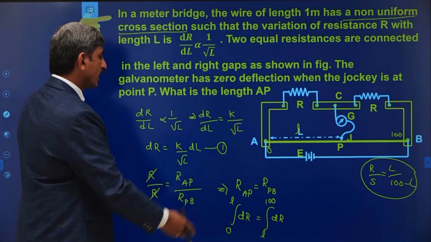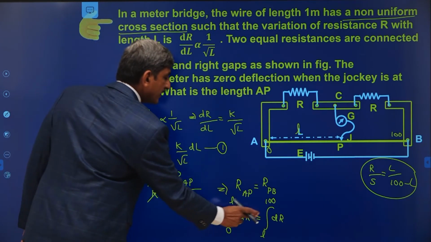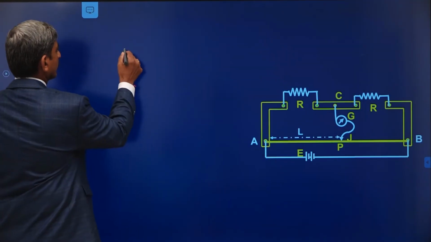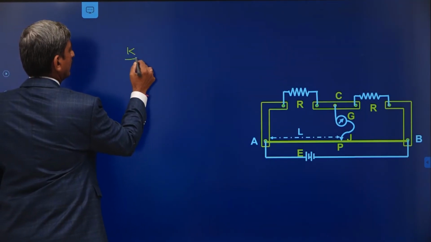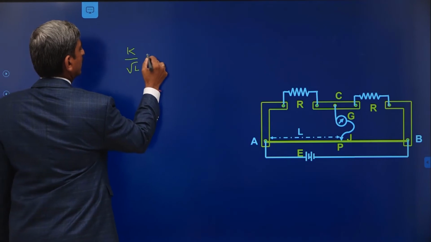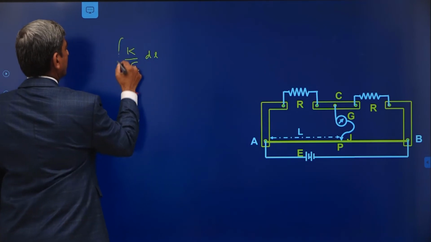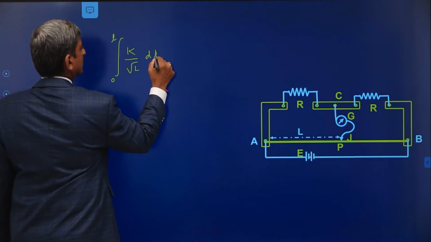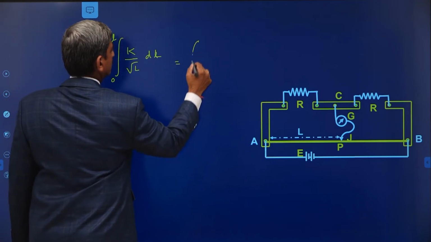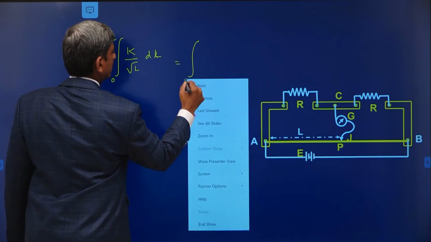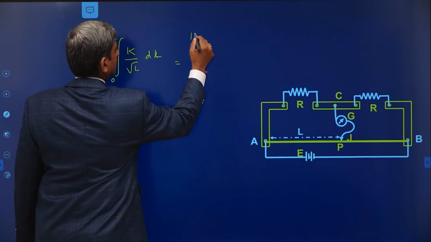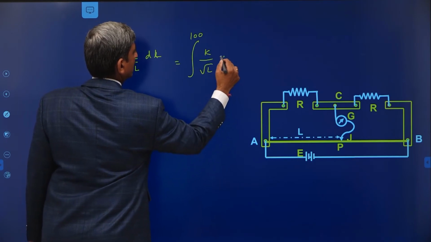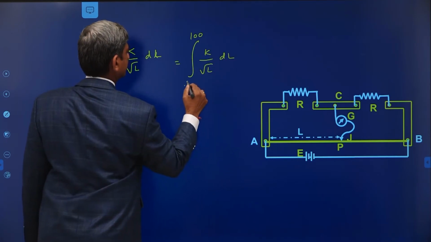For that I am going to do the calculations. I am going to substitute this dr value in this equation. From that we have integral k by root L dl between the limits 0 to L is equal to integral L to 100 k by root L dl.